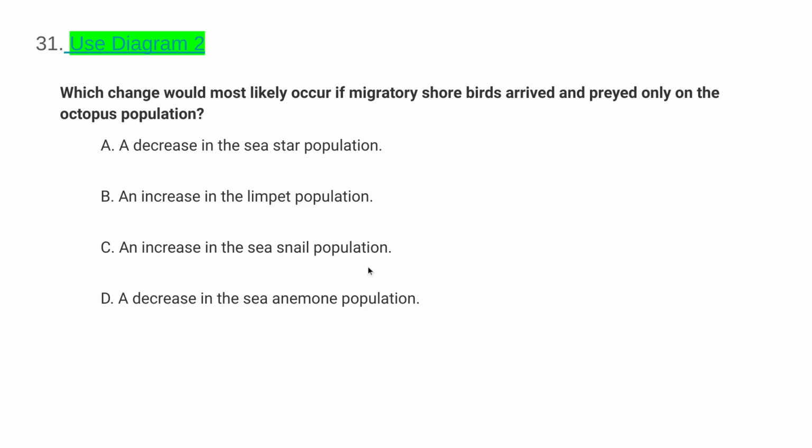A, there would be a decrease in the sea star population. B, an increase in the limpet population. C, an increase in the sea snail population. Or D, a decrease in the sea anemone population.